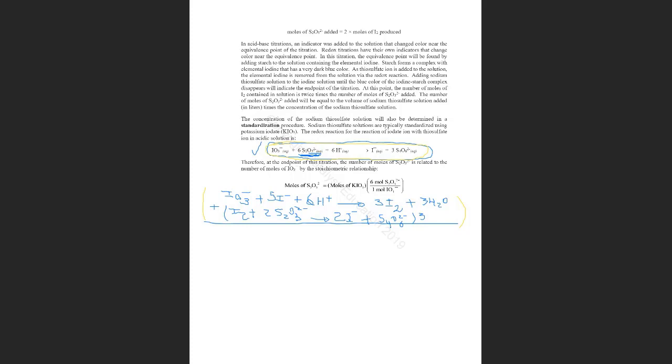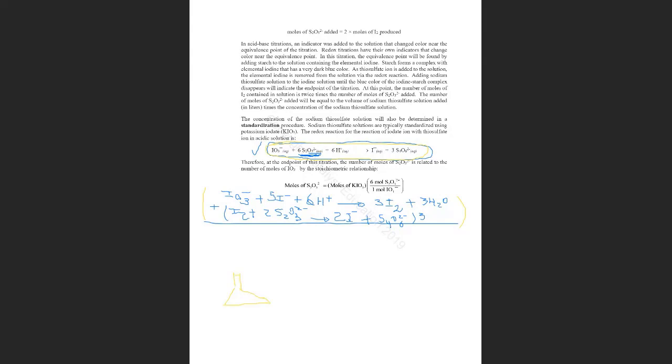Let's see what else is in here. Before we go into the report and the calculations, I want you to be able to answer these simple questions. What is a titration? You have seen many titrations. This is a redox titration.